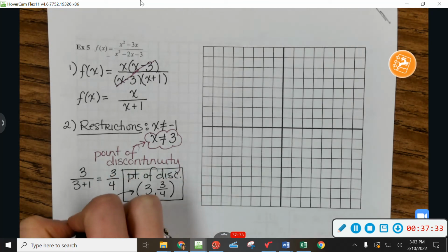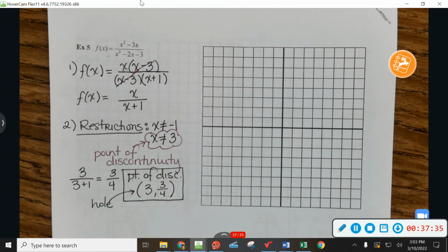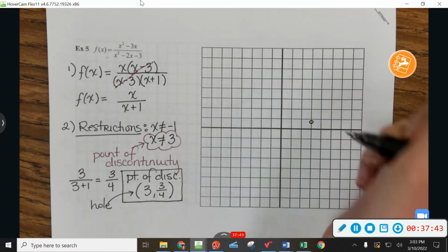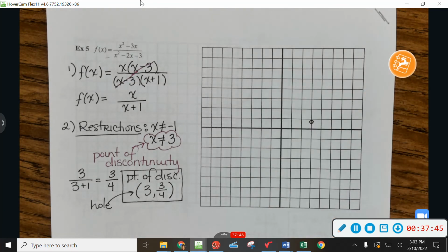Now, this point of discontinuity tells me what's going to happen on my graph. That's going to be a hole in my graph. So at 3/4, I'm going to go ahead and draw my open hole. Y'all remember that from last class?